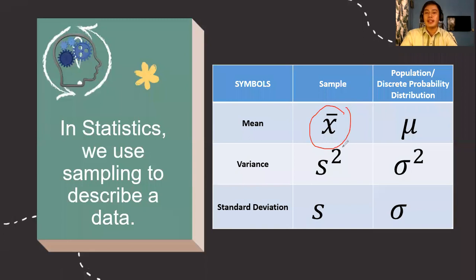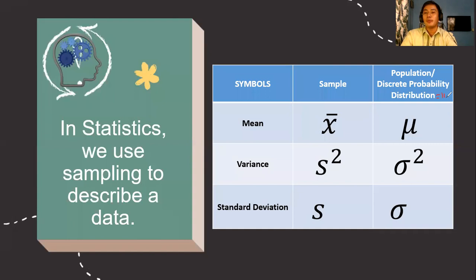For the sample variance, we use the symbol s squared. And since the standard deviation is the square root of the variance, we use the symbol s.